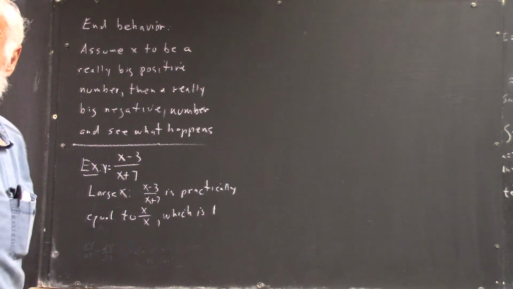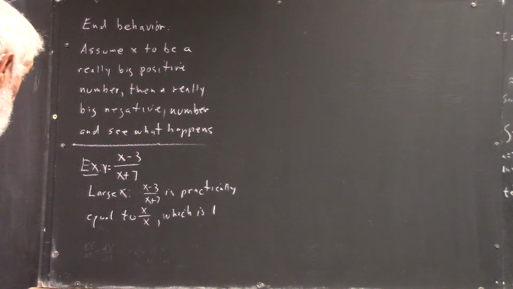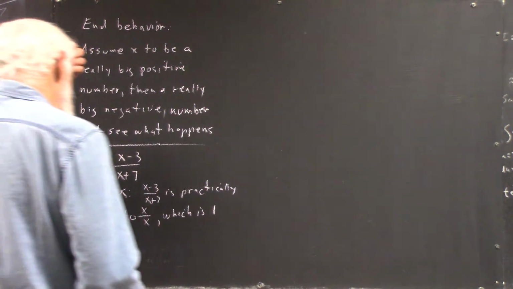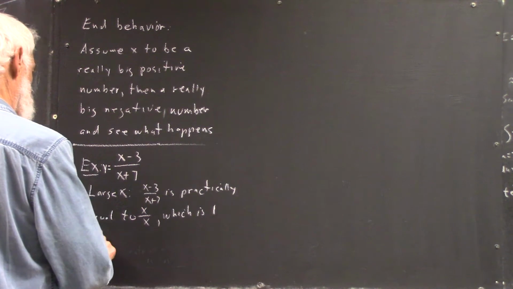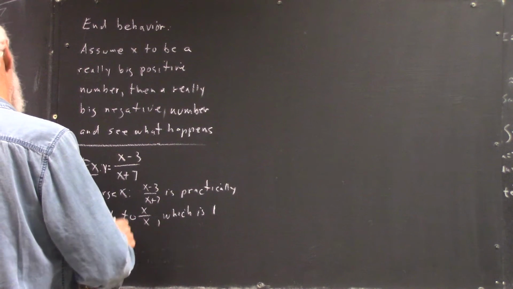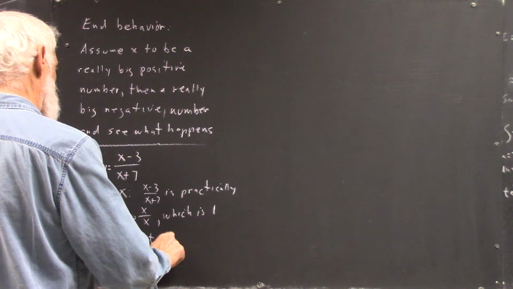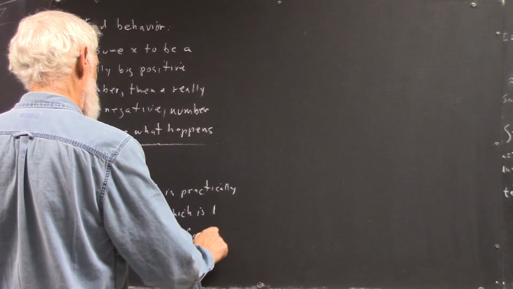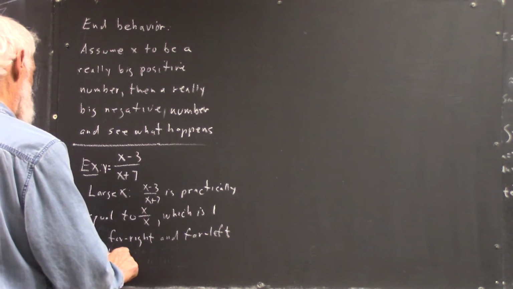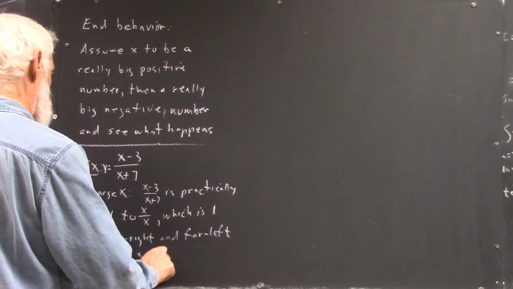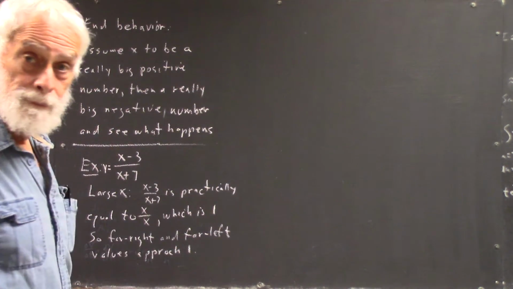And it doesn't matter whether x is positive or negative in this case. It often does, but not in this case. So the far right and far left values approach 1.